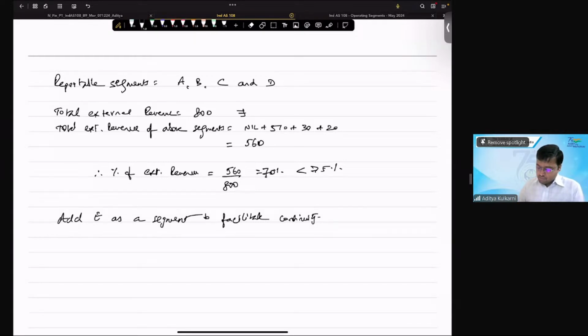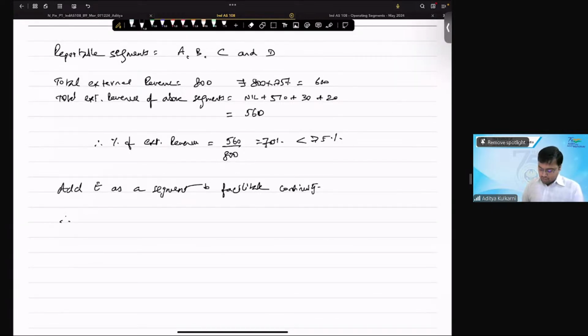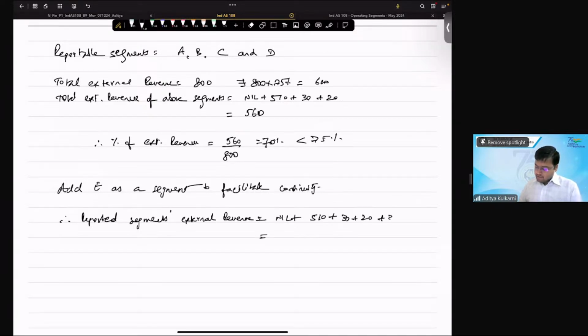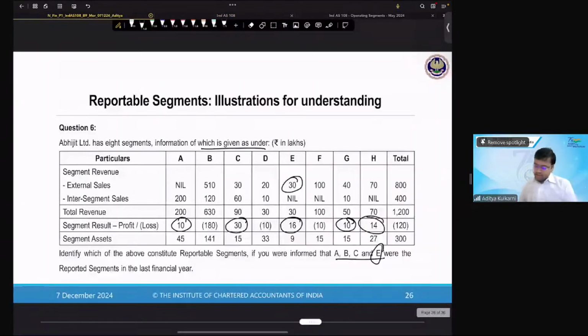So 800 into 75% is 600. Therefore, reported segments' external revenue is equal to 0 plus 510 plus 30 plus 20 plus E is another 30, right?